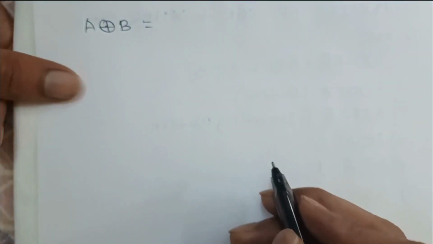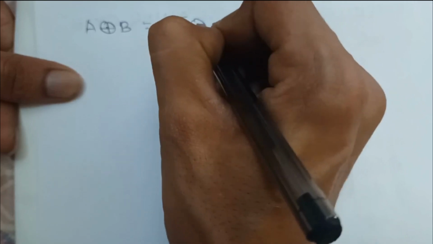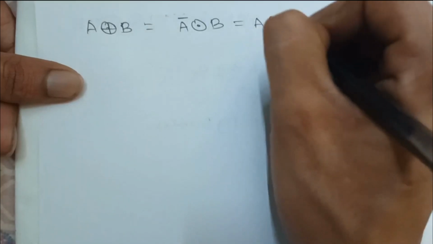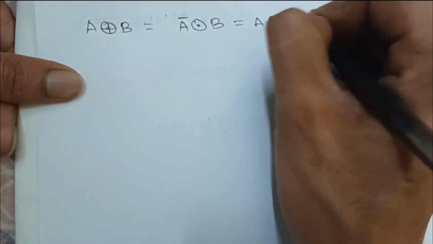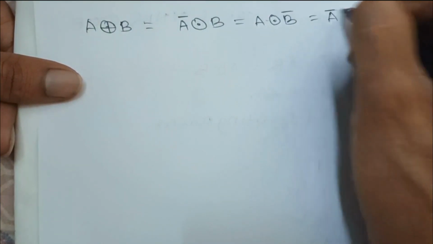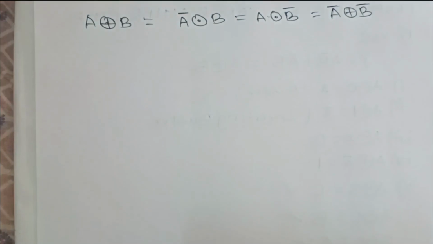This can be further written as A bar XNOR B. This is going to be equal to A XNOR B bar. This is going to be equal to A bar XOR B bar. I will tell you how this is going to happen.